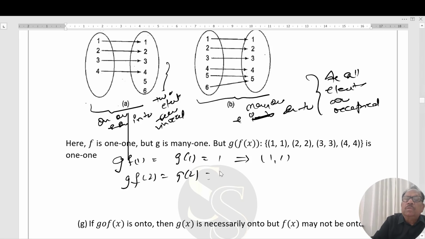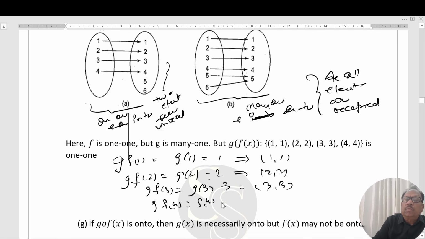This becomes 2-2. gf(3), that is g(3). g(3) answer is 3. This comes out to be 3-3. Similarly, gf(4), g(4), this comes out to be 4-4. So this comes out to be g o f is 1-1, right?